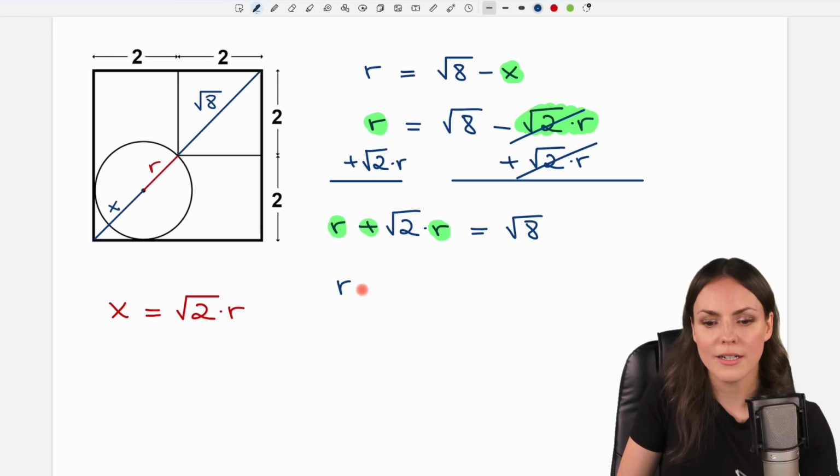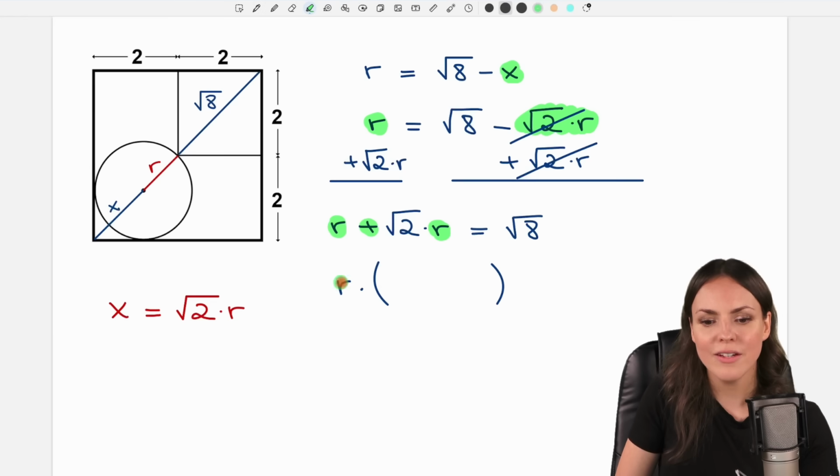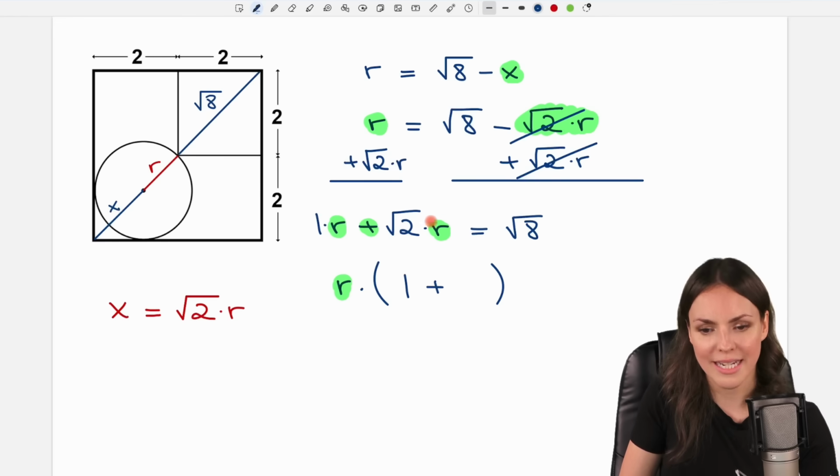So I have r times, and what is left in my parentheses? If I factor out the green r, I had 1 r here. If I factor this out, only the 1 is left. Then I have the plus. And here in my second part, if I factor out the green r, only the square root of 2 is left. On the other side, I still have the square root of 8.